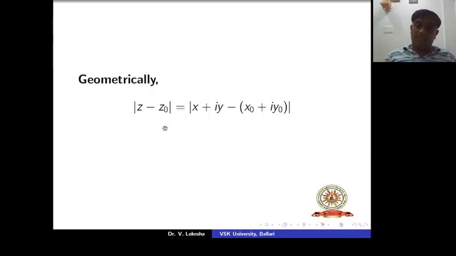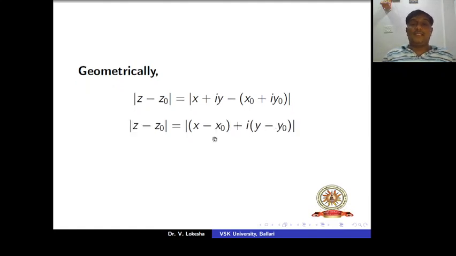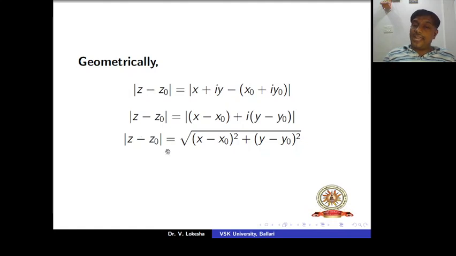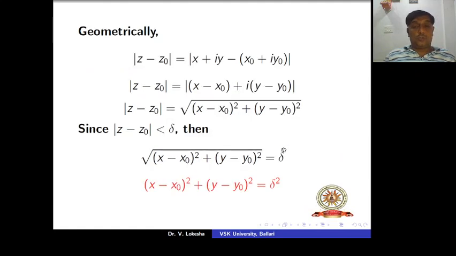Geometrically, mod z minus z naught is equal to mod of x plus iy minus z naught. Here z naught is x naught plus i y naught, and z is equal to x plus iy. Then we can simplify as mod of (x minus x naught) plus i times (y minus y naught), because the real and imaginary parts can be separated. Then the modulus is root of (x minus x naught) the whole square plus (y minus y naught) the whole square.